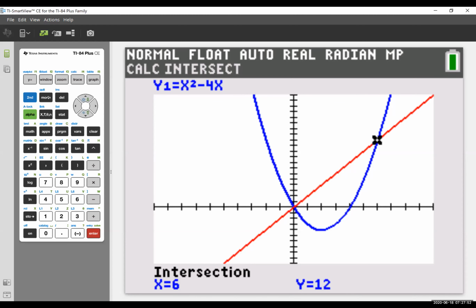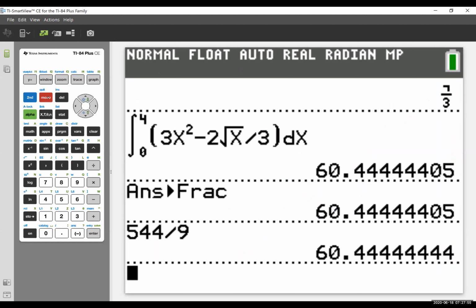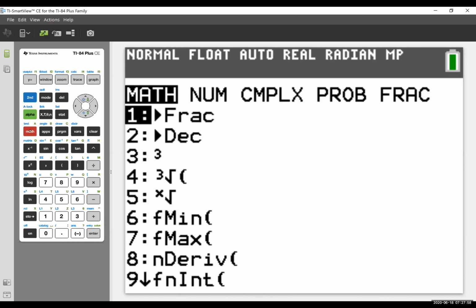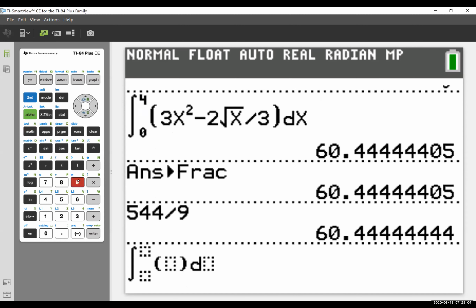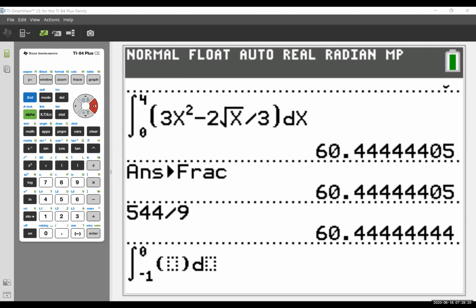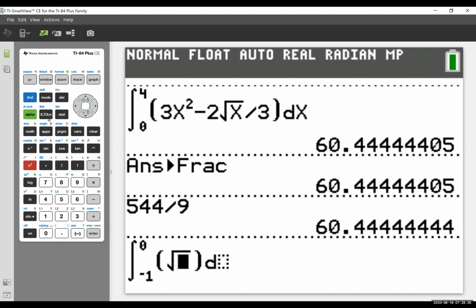Remember when you use the TI, we're going to call up math, and then go to item number 9 under the math menu, function integral. So I can enter the first integral, -1 to 0. Now, the integrand is square root of x plus 1, with respect to x.